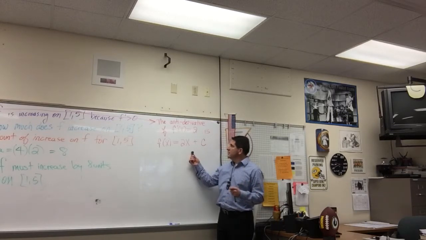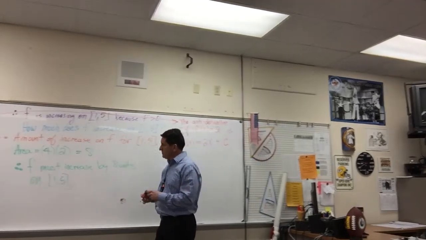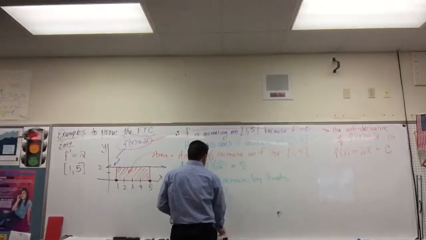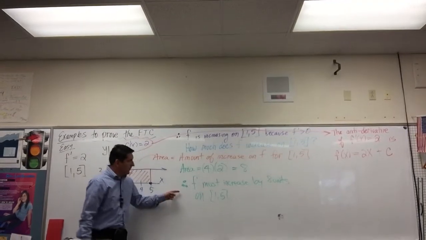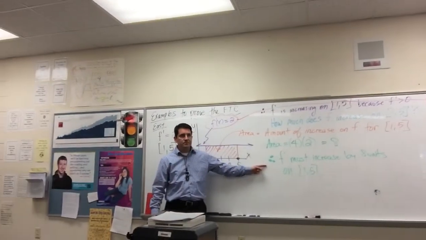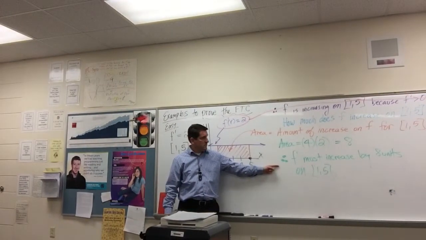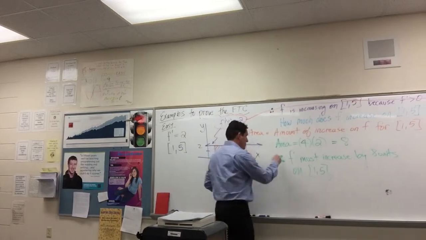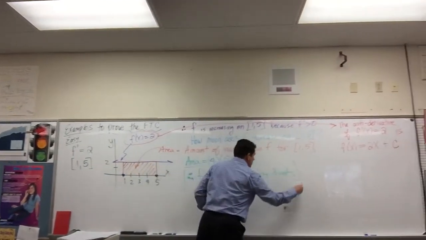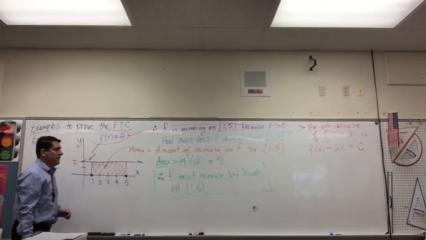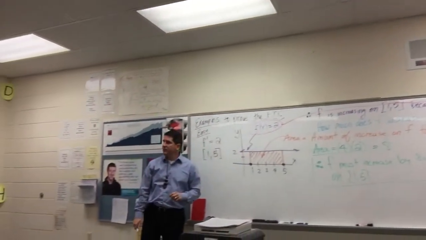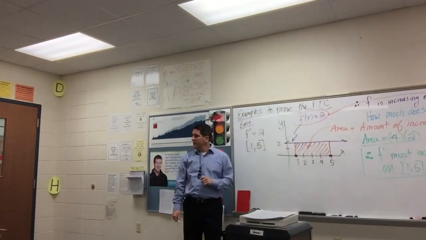So the question is, how can we prove this part right here? We made a pretty bold statement that said that f must increase by 8 units from 1 to 5. How do we prove it?